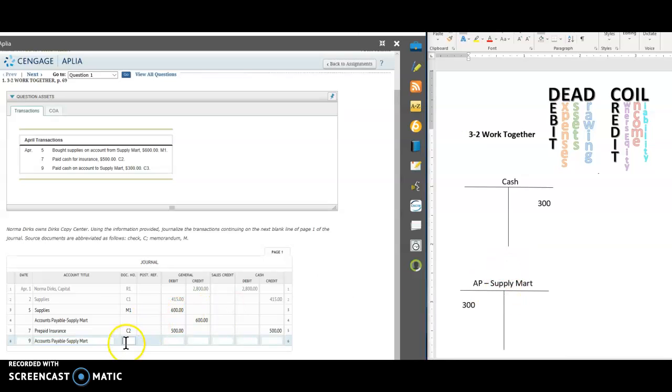Okay. Our source document number is check number 3, so C3. Cash is a credit of 300, so I go to my cash column, 300, and my accounts payable is a debit. It is not a special column, so under general, accounts payable, debit, 300. Debits equal credits, and that's it.